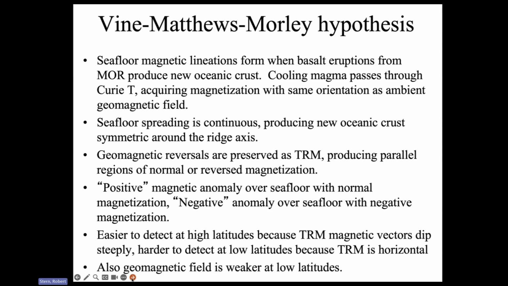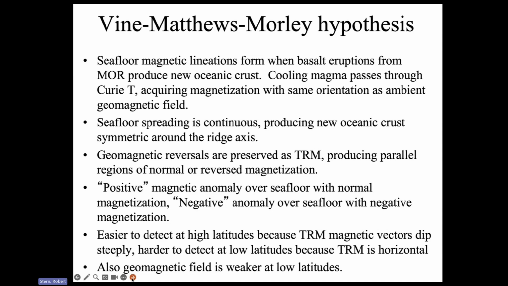Seafloor spreading is continuous, producing new oceanic crust symmetric around the ridge axis. But geomagnetic reversals are episodic, and they are preserved as thermoremnant magnetization, producing the parallel regions of normal and reverse polarization. Positive magnetic anomaly is over seafloor with a normal magnetization like that of today, negative over those with the reversed magnetization.